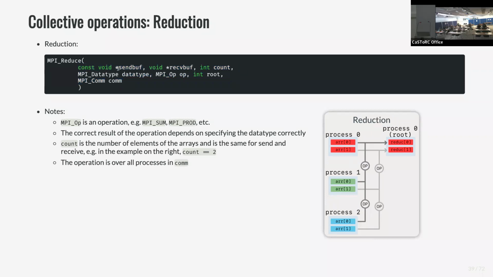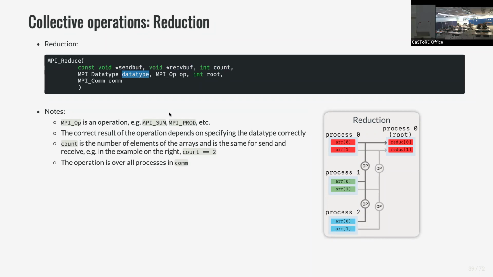So first you specify the array that you want to be reduced, and then you specify the array where these data will land on the root process. You need to specify how many elements, of course, the data type, and now you have this MPI op, which is basically the operation you want to do.